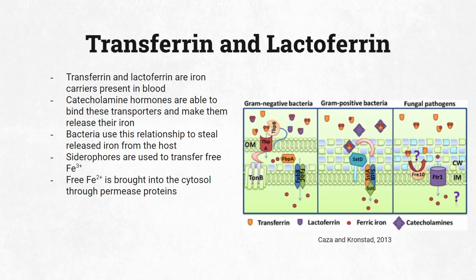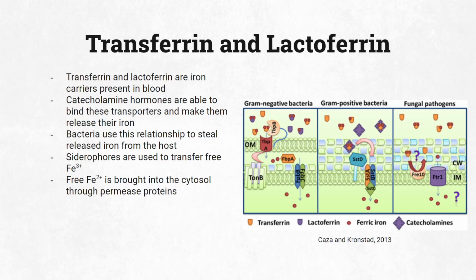So this 2+ form that is now floating freely within the blood serum can be brought into the cytosol similarly to gram-negative through permease channels within the cell wall. The 2+ form can diffuse slightly into the cell wall itself, but not all the way.